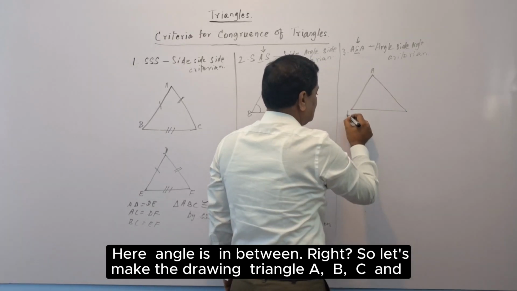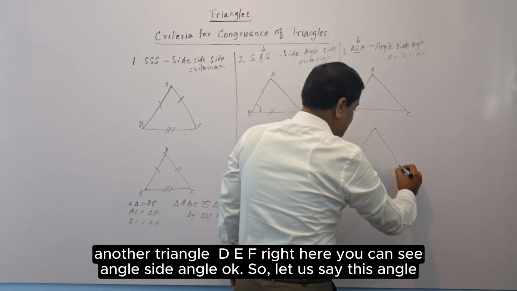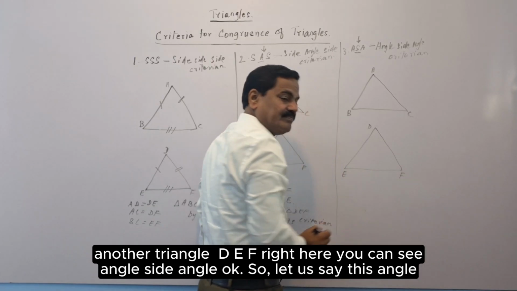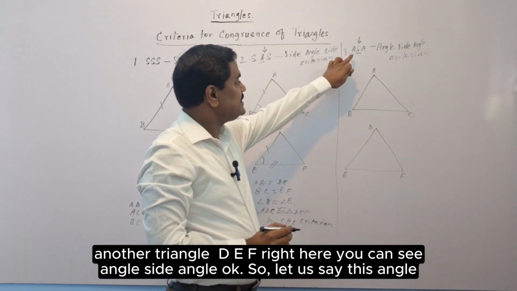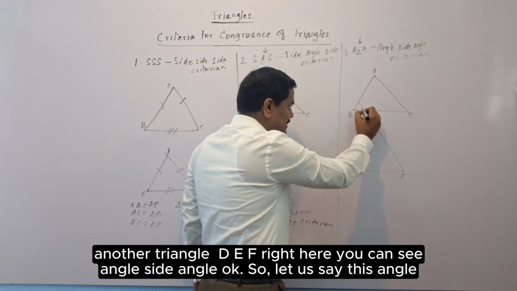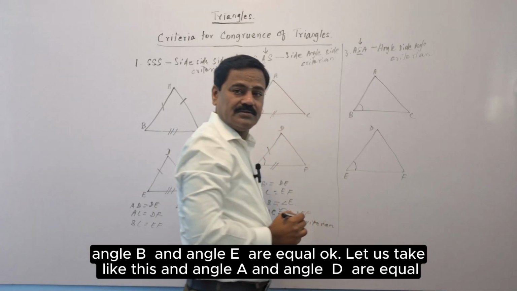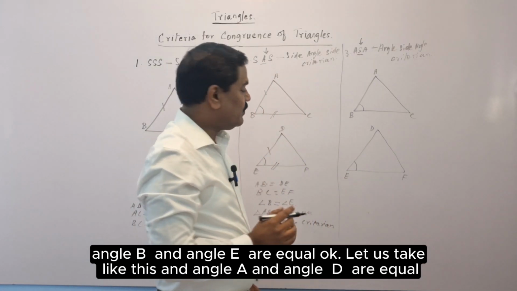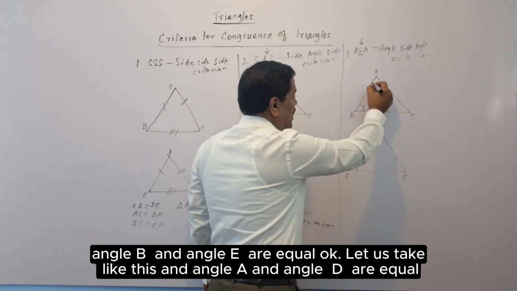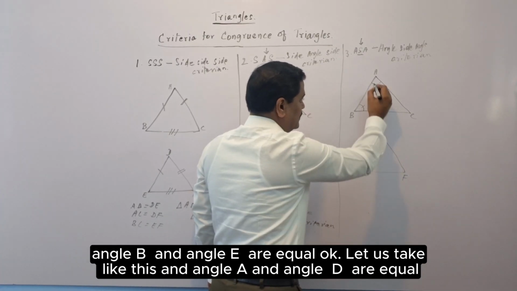Triangle A, B, C and another triangle D, E, F, right? Here you can see angle side angle. Let us say angle B and angle E are equal, and angle A and angle D are equal.